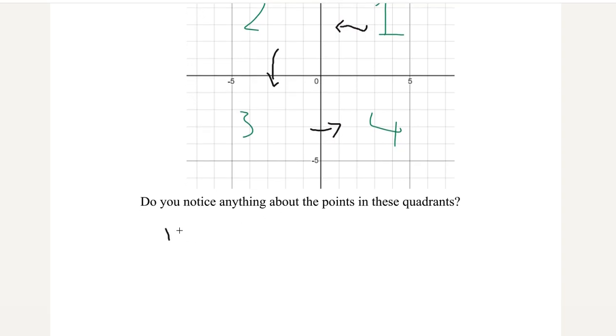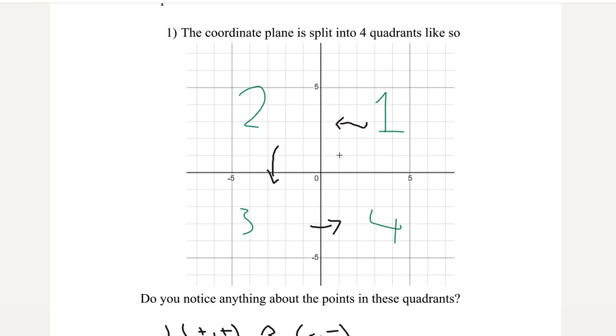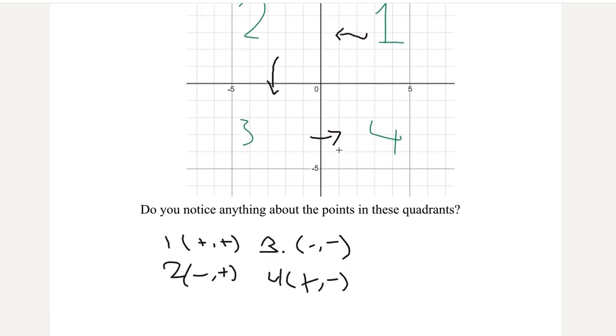Let's write this down. 1 is plus plus, 2 is negative plus, 3 is negative negative, and I think you would have guessed it, 4 is plus negative. That's how you can easily memorize your coordinates, because you're going in order of 1, 2, 3, 4, going sideways, down, and then sideways.